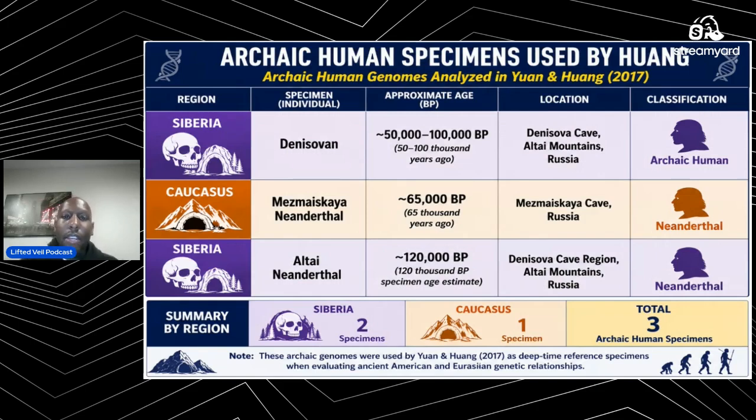All right, archaic human specimens used by Wang, or Wan and Huang. Okay, and so once again, this is abstracted from the actual study by AI. I think this is pretty thorough.